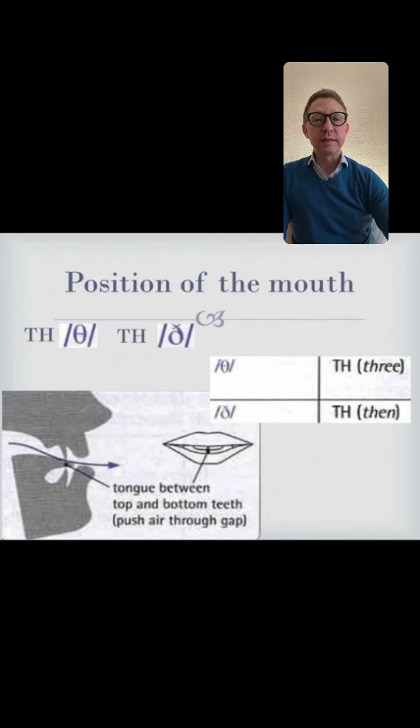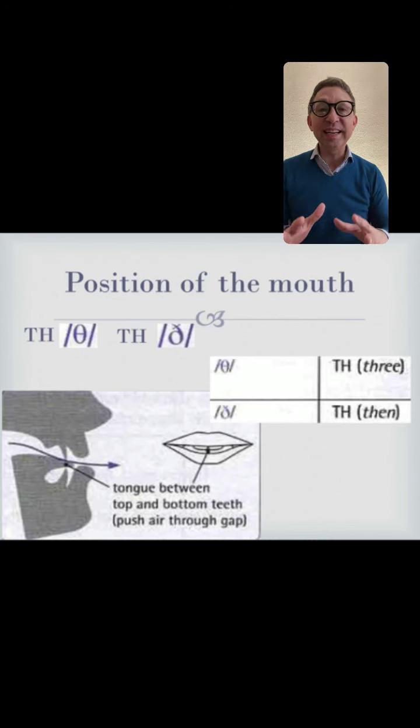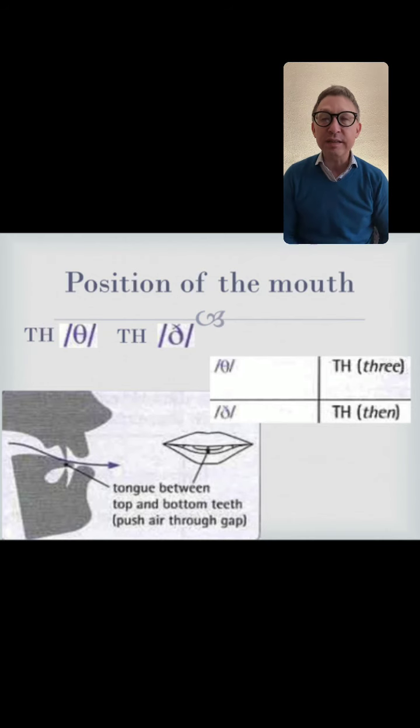We're going to look at the position of the TH in two slightly different sounds, but basically the same position in the mouth and only slightly different. So for the intermediate and sort of beginners, just focus on making a TH sound. That's fine.